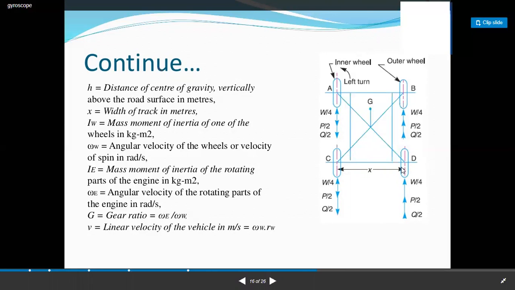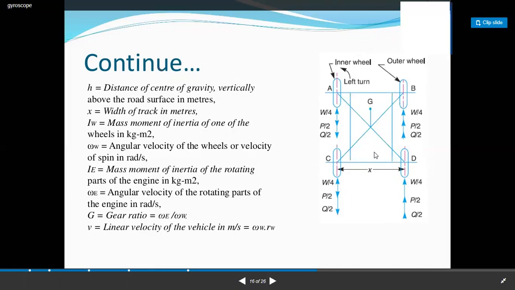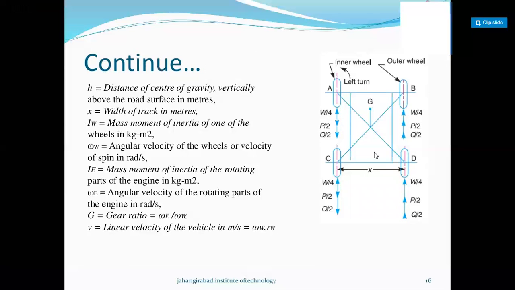These are the reactive forces due to the reactive gyroscopic couple, right? So the road reaction on each outer wheel, taken as P by 2, is equal to Cg by 2x, right?